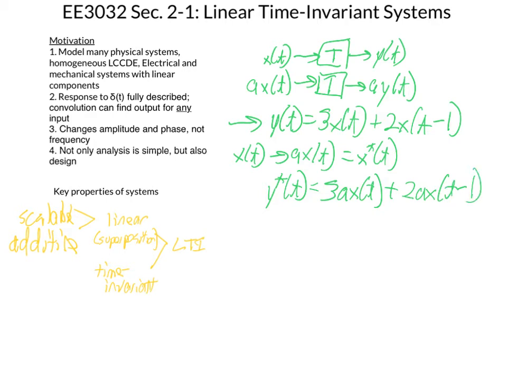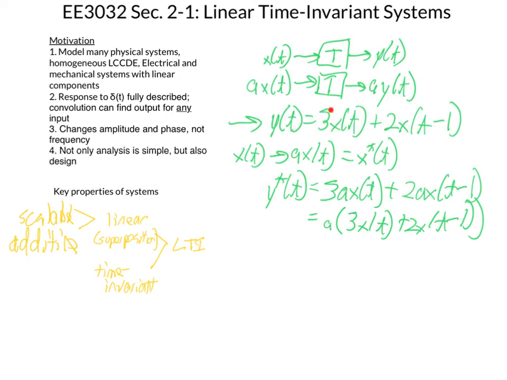So now I have that. I can collect a common term here. I'll factor out the a. And now I realize that the value inside the outer parenthesis, 3x of t plus 2x of t minus 1, exactly matches the original definition of the system.